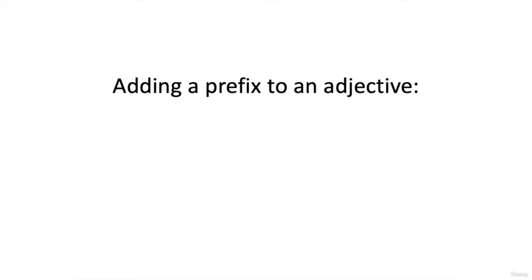If you remember the introduction to this course, you will know that a prefix is a combination of letters we can add to the beginning of a word to change its meaning. For example, legal, illegal.